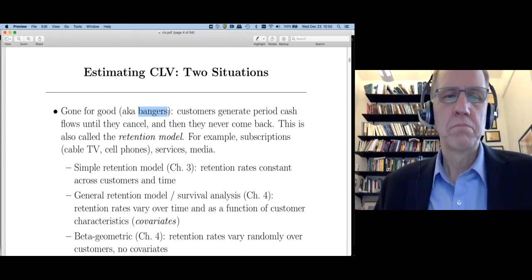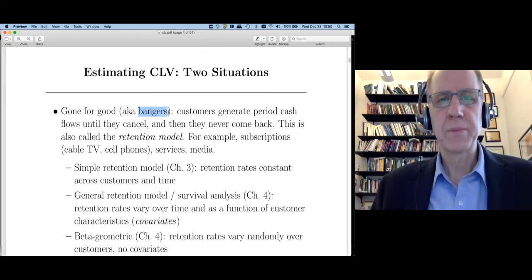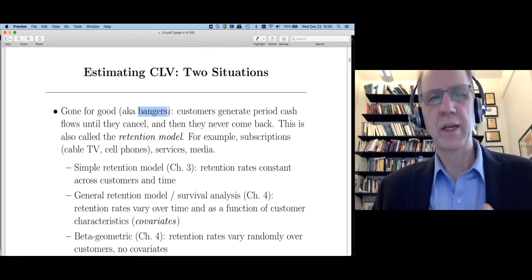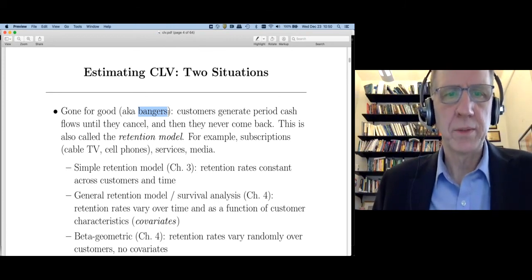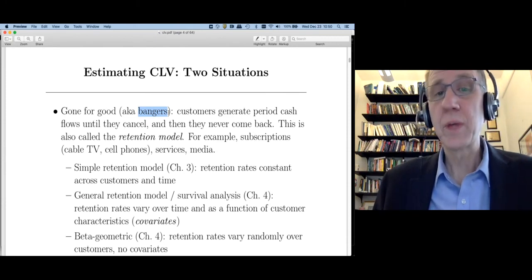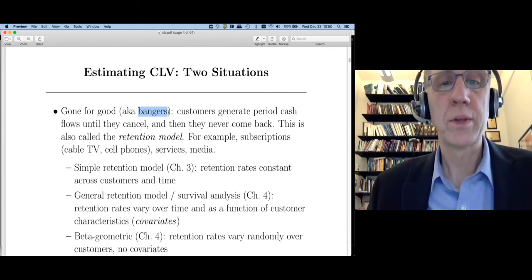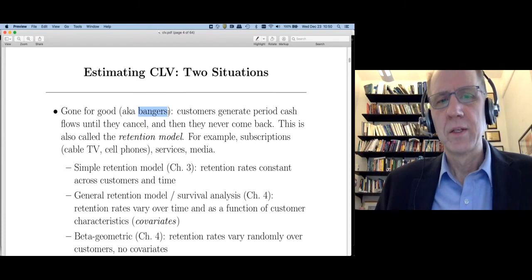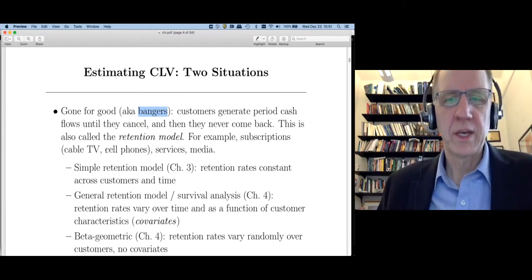So for example, cable TV is one of these situations where I send in a certain amount of money each month. I do that until I no longer want the service. Cell phones would be an example. Netflix would be another example.